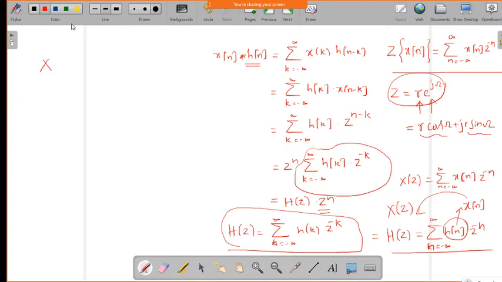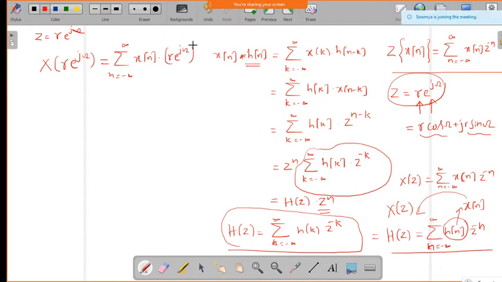Now if you replace z by r into e power j omega, you will get X of r e power j omega, which is equal to summation n equal to minus infinity to plus infinity x of n into (r e power j omega) whole power minus n.